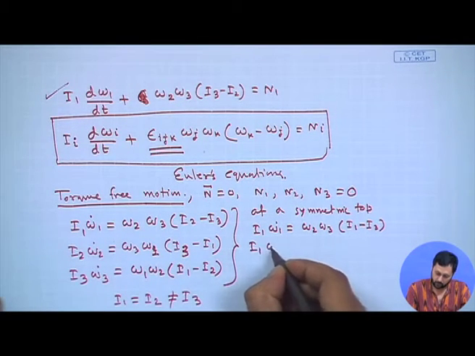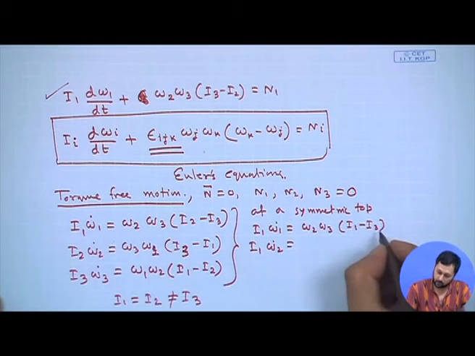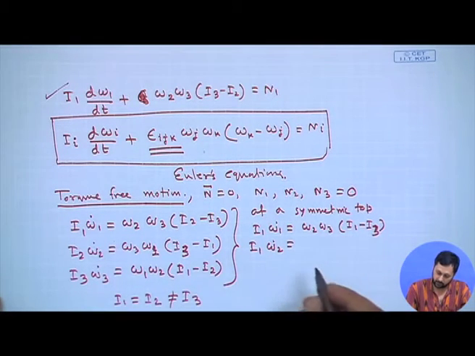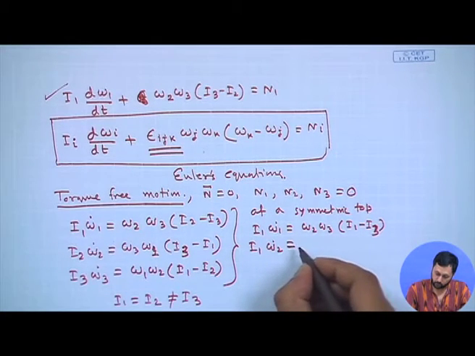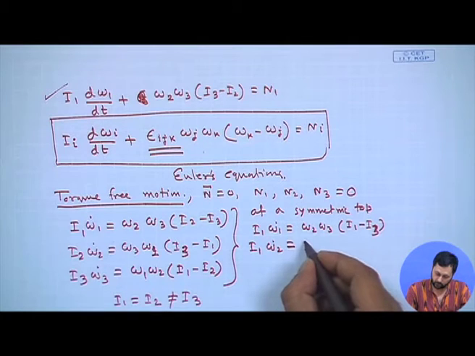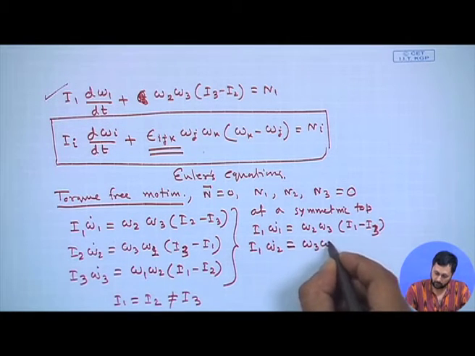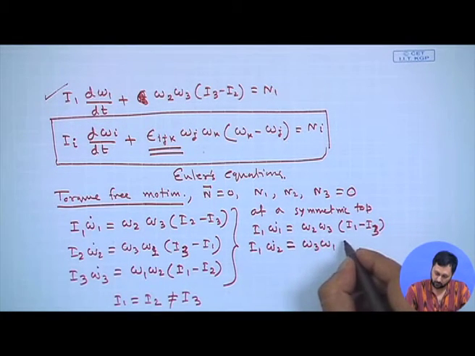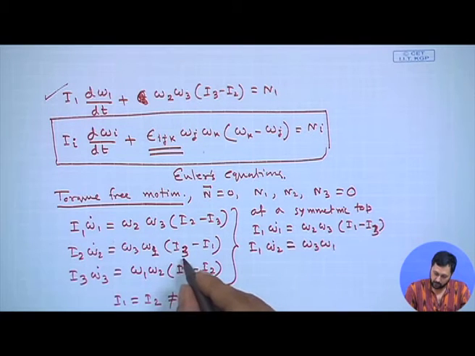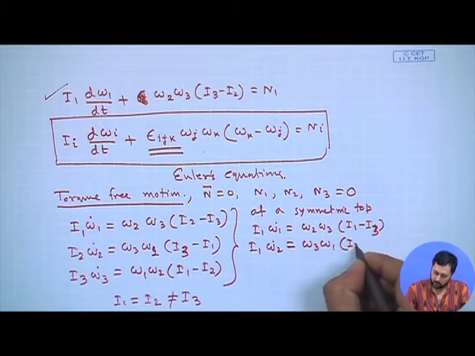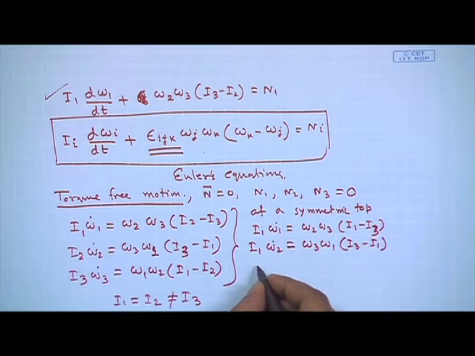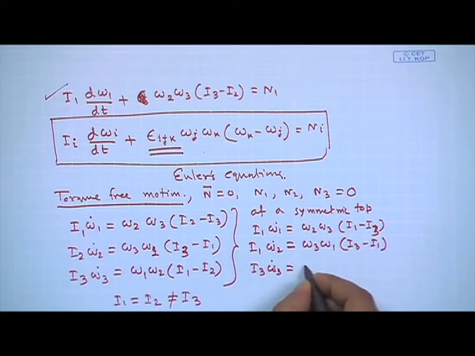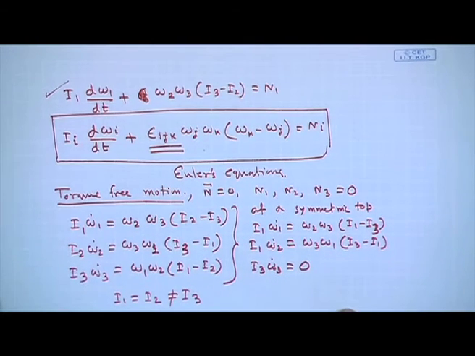So, I1 omega 2 dot, I will replace all the I2s with I1s, will be omega 3 omega 1 (I3 minus I1), and the third equation simply gives you I3 omega 3 dot is equal to 0, right.